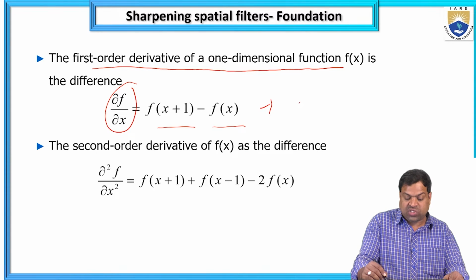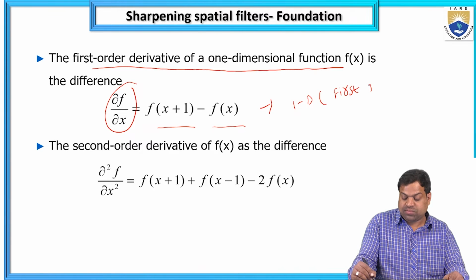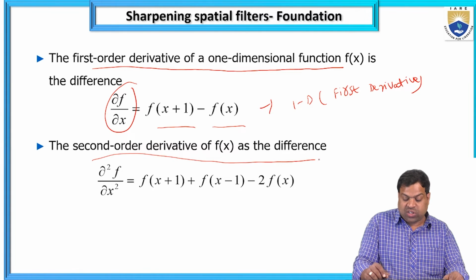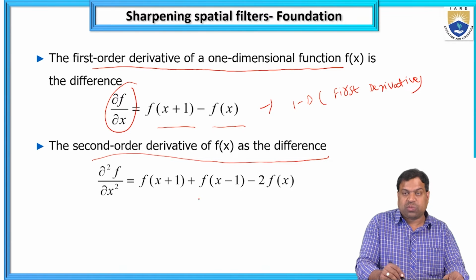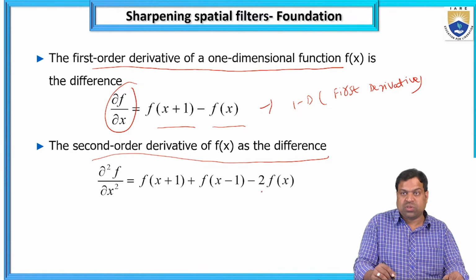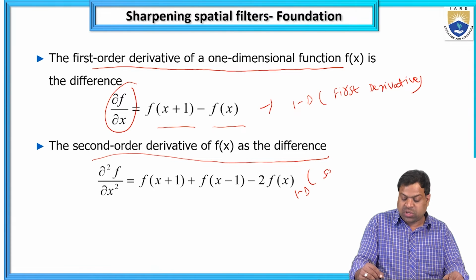That is the first derivative. For the second order, dou square f by dou x square equals f of x plus 1 plus f of x minus 1 minus 2 into f of x. It is also one dimension, but it is the second order.